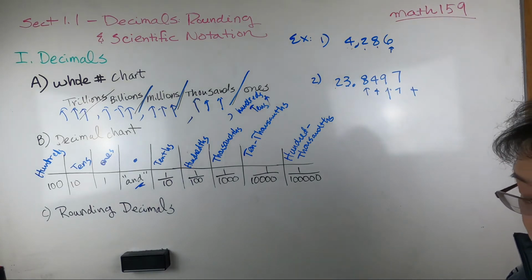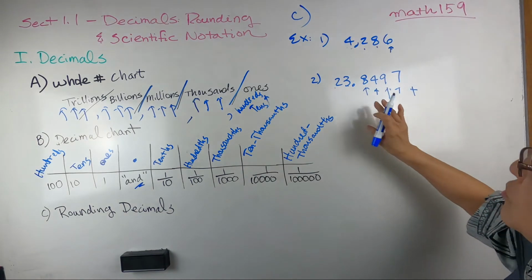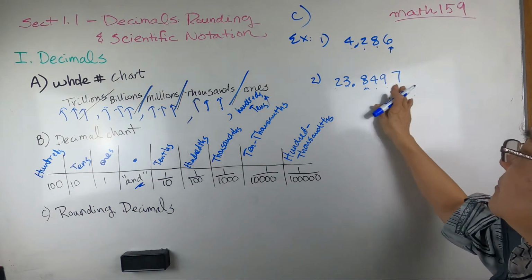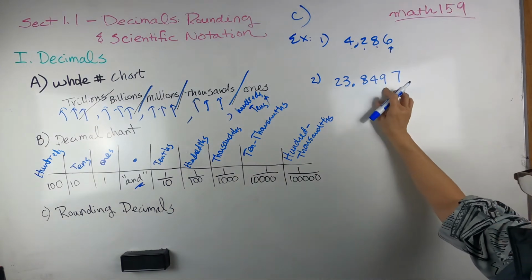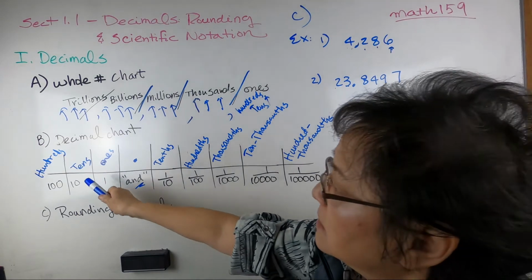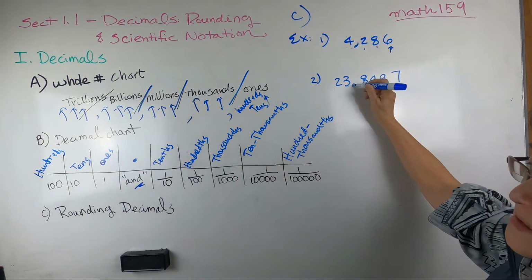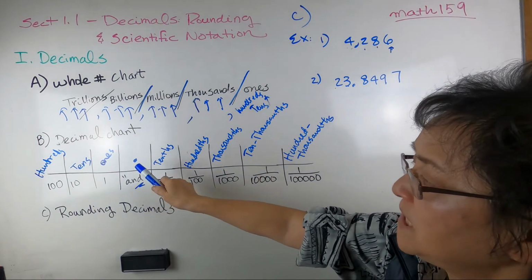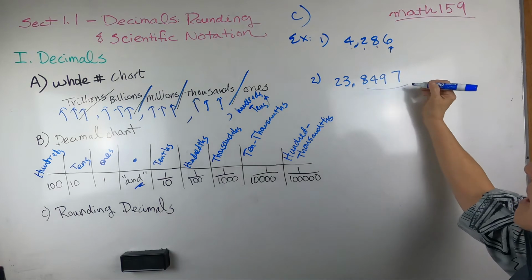Okay? So if we do the rounding, let's see. We know the position, the name of the position, right? Then if we write the name for this decimal, we will say 23 point, the decimal point, you say 23 and, right? Then how many of them?